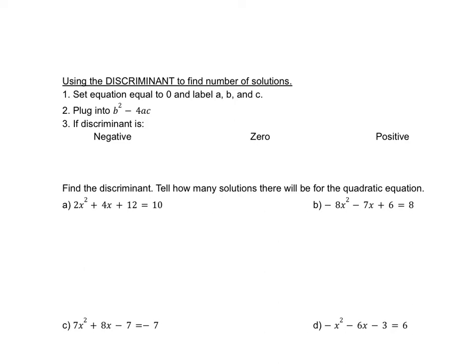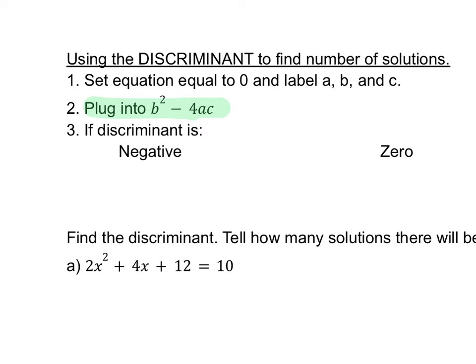So whenever you do the b squared minus 4ac, that's the part underneath the square root, right? So after you set it equal to 0 and you plug that in for just that part, if your discriminant is negative, that means there is no solution.